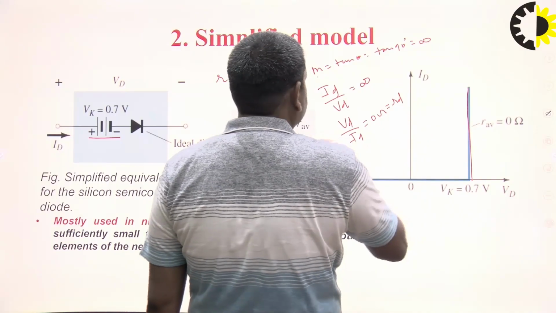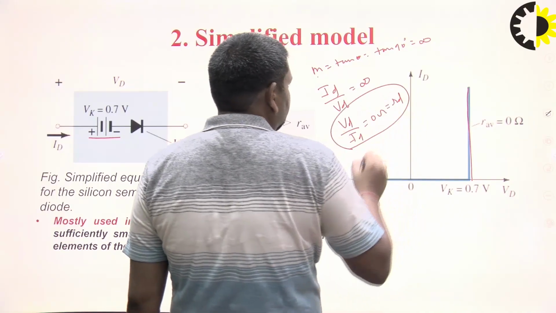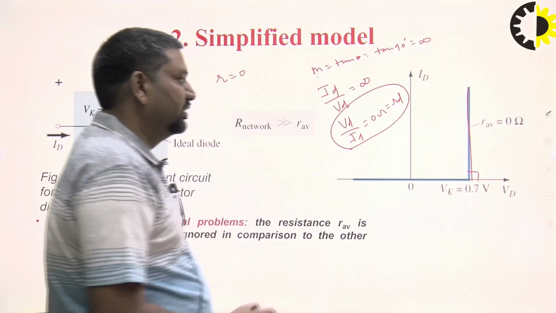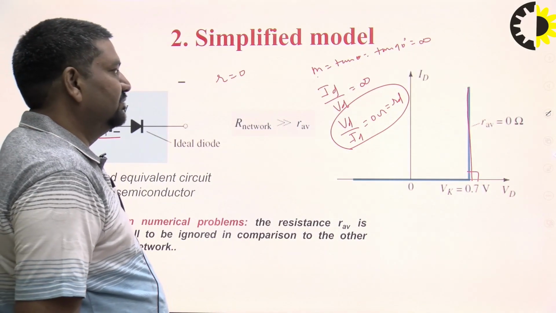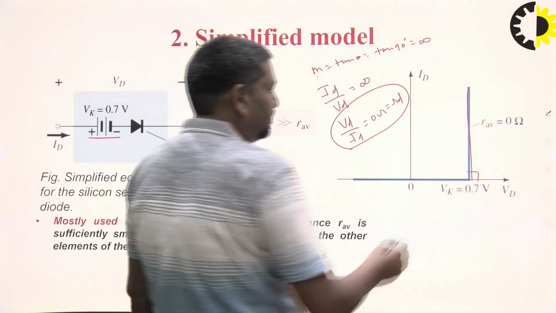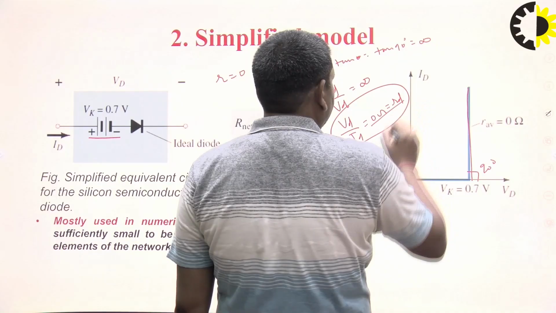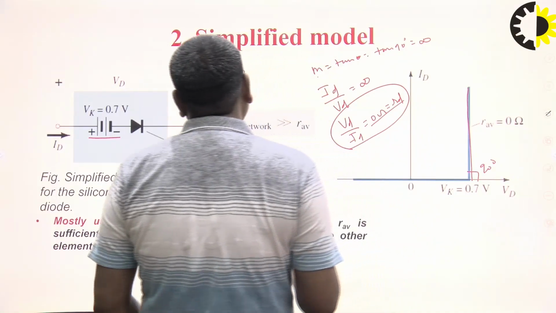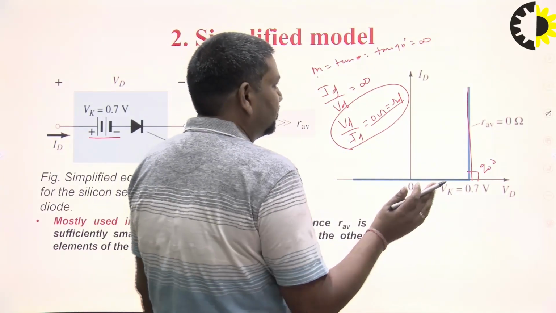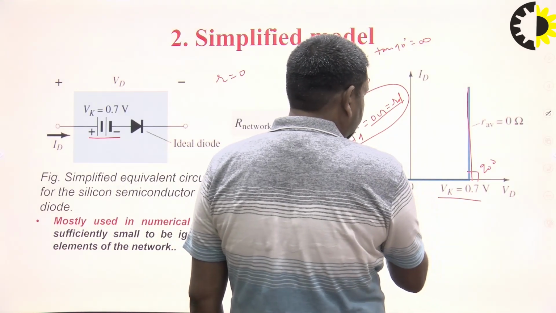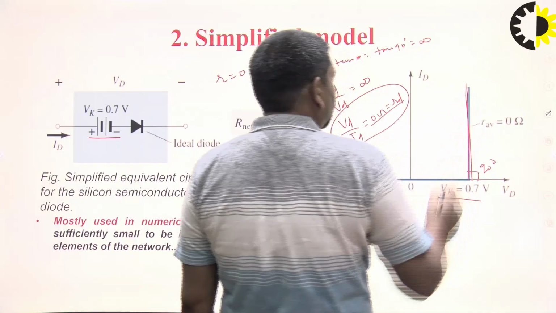So in this simplified model, M is equal to tan theta, which means the slope of VD to ID is 90 degree. In this case, the resistance should be 0. So if we neglect the resistance, the slope is 90 degree and the cut-in voltage is 0.7.